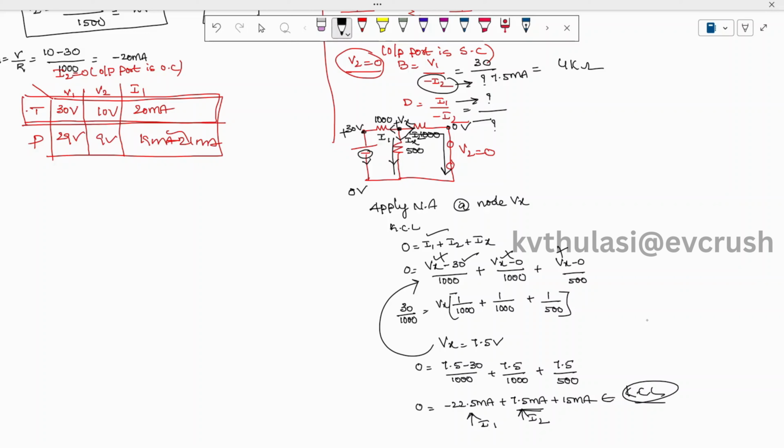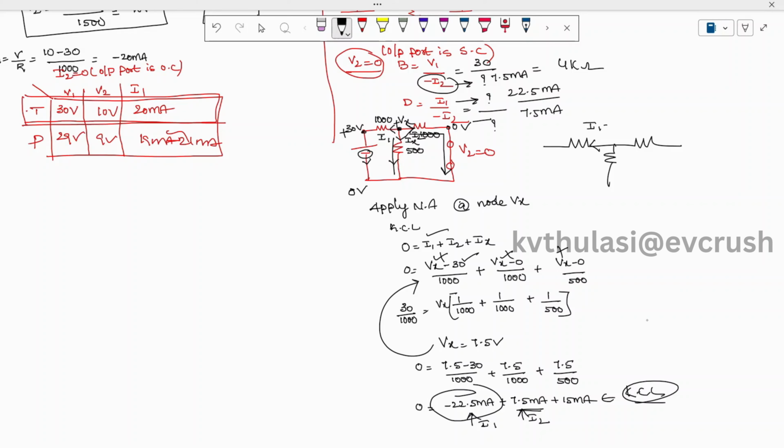And I1 value is 22.5. So 22.5 milliamperes divided by I2. I2 value is how much? 7.5. You no need to bother about the polarity, just you can write down. So the polarity change, what I am considering is very simple. So here I1 is the current which flows in this direction.